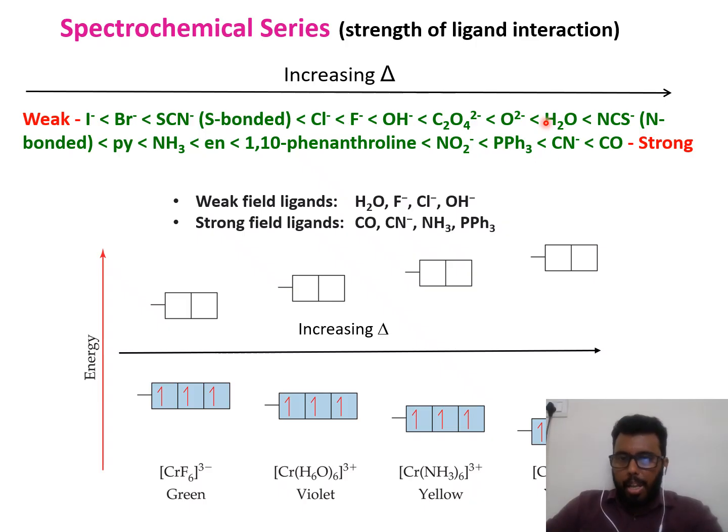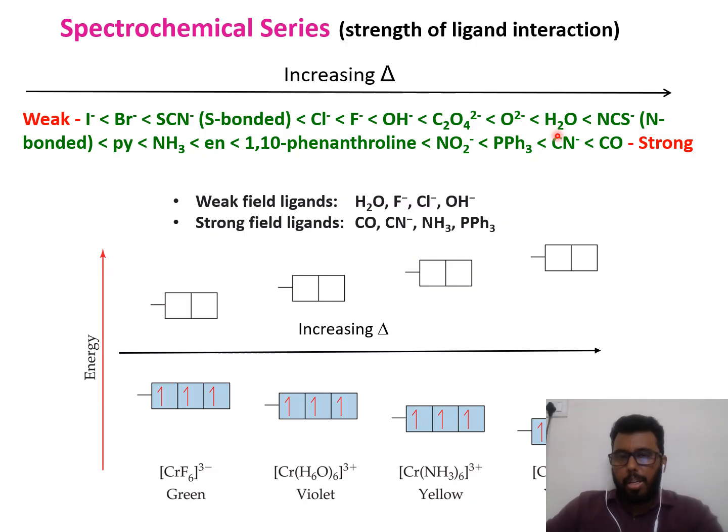And look at the ligands positioned in the top right. You can see that nitro, triphenyl phosphine, and specifically cyanide and carbonyl are strong ligands. And also you have hydroxide in the middle position, and aqua and NCS, nitrogen bonded, and also water.